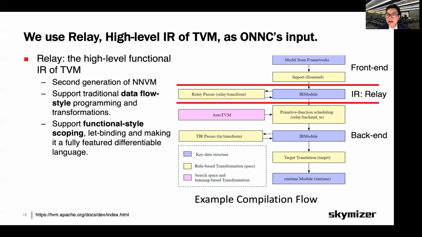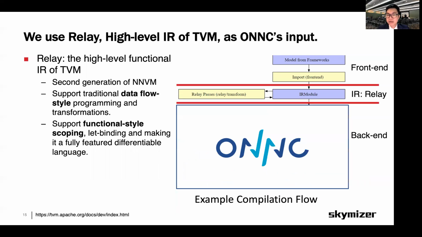They have their front end and they use Relay as their IR, and then they have their backend. And we use Relay IR and their front end as our input, and we use ONC to replace their backend.